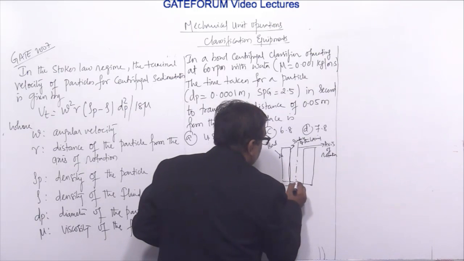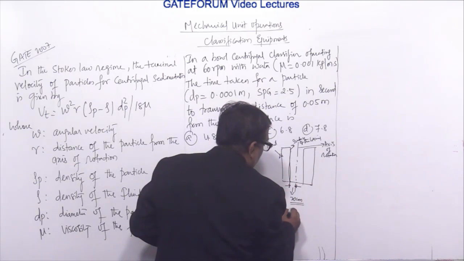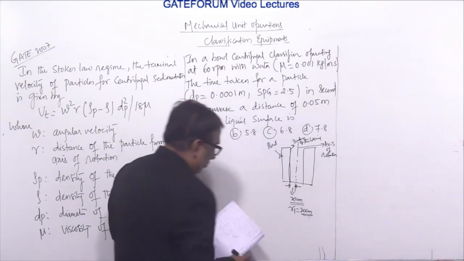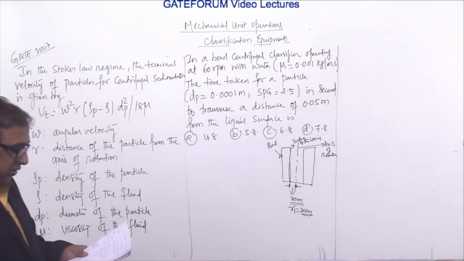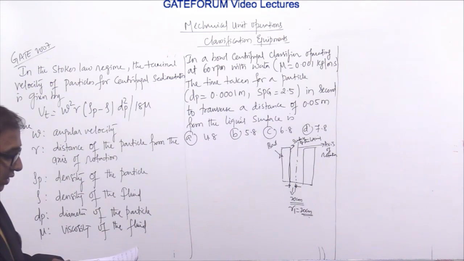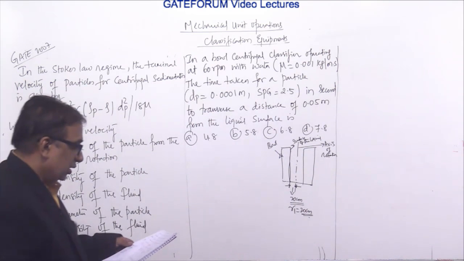So according to us, what is this? This is R1, correct? R1 is 20 centimeters he has given. And to traverse a distance of 0.05 meters from the liquid surface.